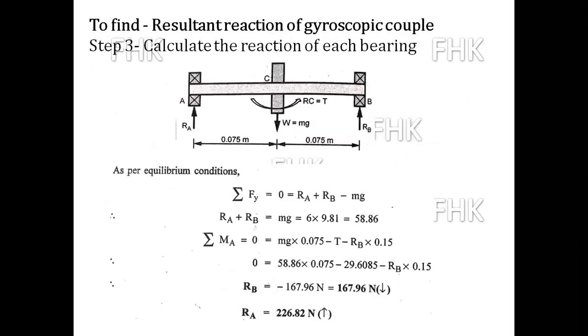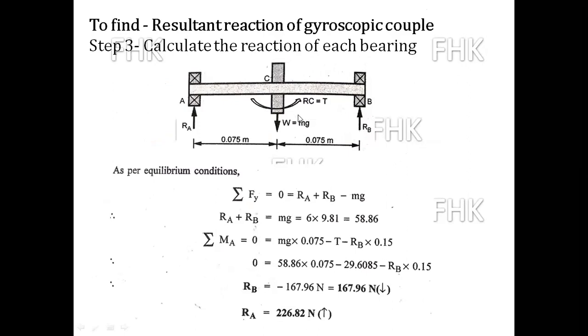Now come to the actual problem statement, which asks: calculate the reaction of each bearing. This is the rotor, these are two bearings, and the axle is rotating in the bearings. We have to find the reaction at A and the reaction at B. The weight of the rotor is given. Weight is equal to mass into gravitational acceleration.